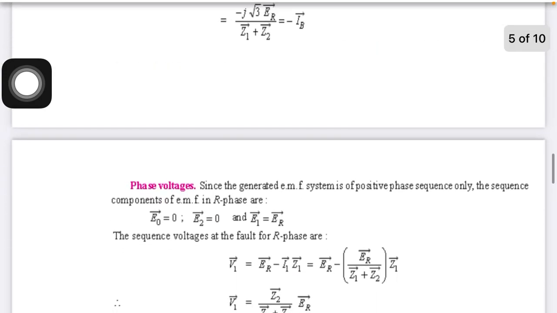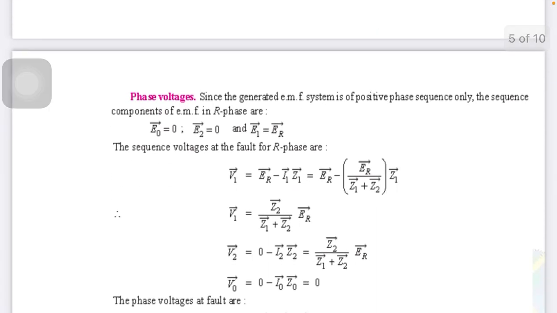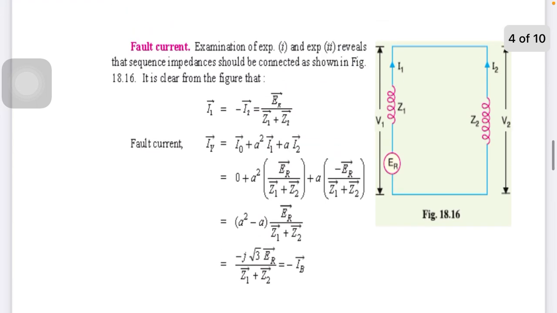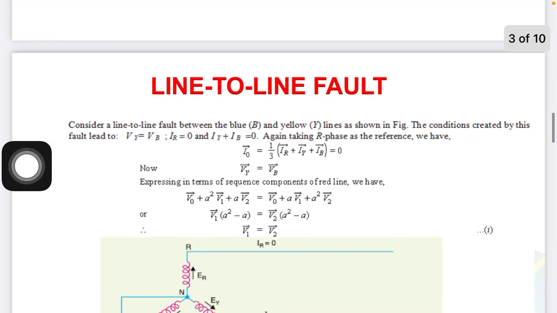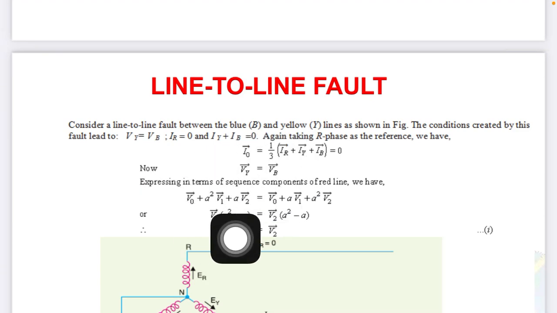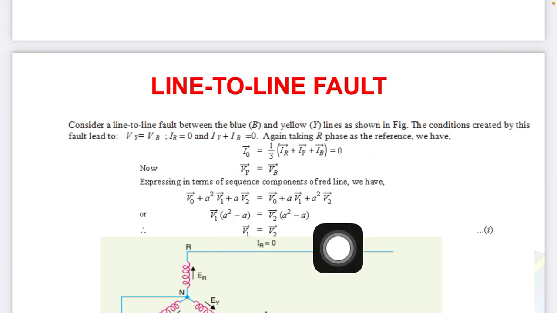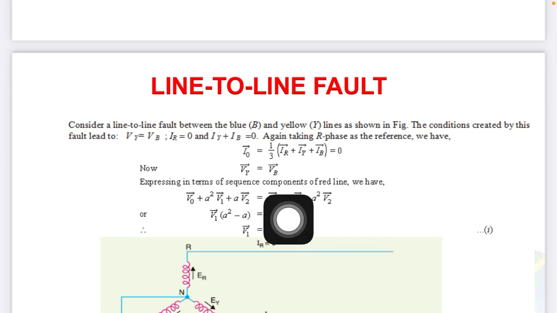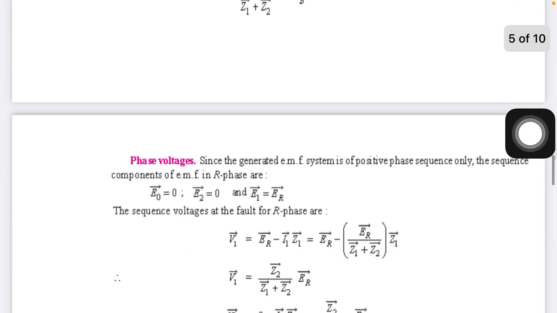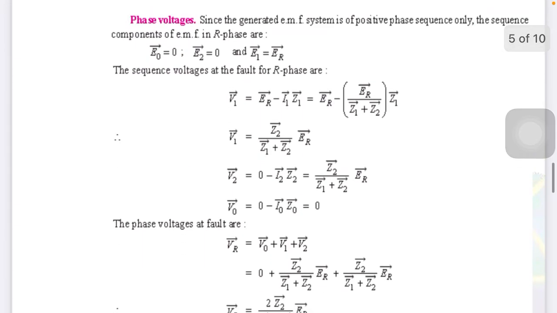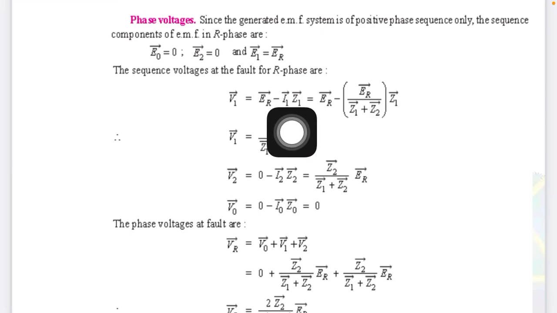Now what about the phase voltage? The same thing: whatever equations of current we got, we now place in the voltage equations, because we have all the current equations. So V1 is equal to ER minus I1 into Z1.